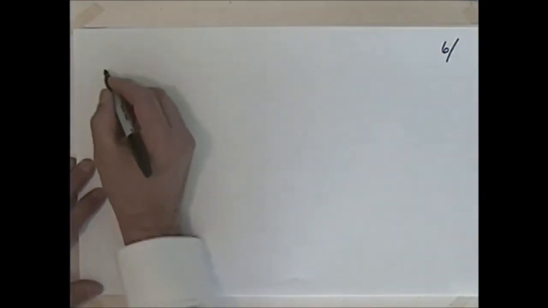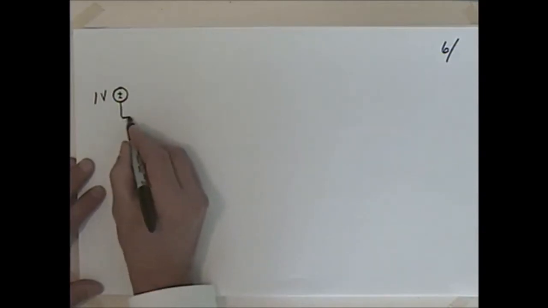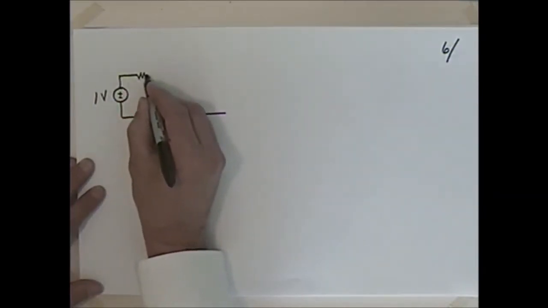And I think you'll see that, again, probably the most difficult part of this is the circuit analysis, and not necessarily the assumptions and whatnot. So let's say that I have a circuit that looks like this. Say that I have 1 volt here, and I've got an input resistor.